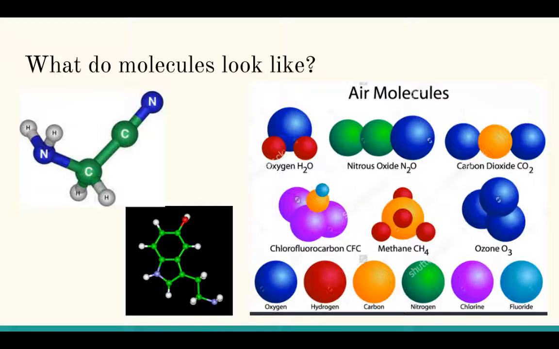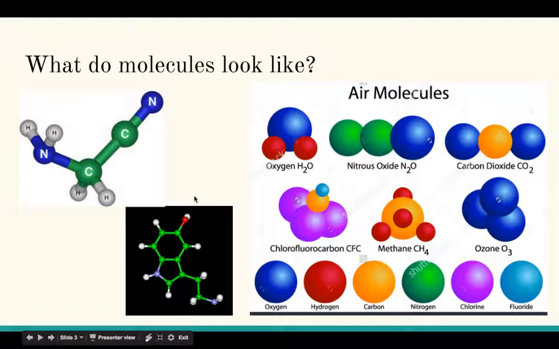So what do molecules look like? One model that we use to envision what a molecule looks like is the sphere and stick model we have here. Notice each atom is a sphere, and the sticks in between them are the bonds that you might have formed between the atoms.